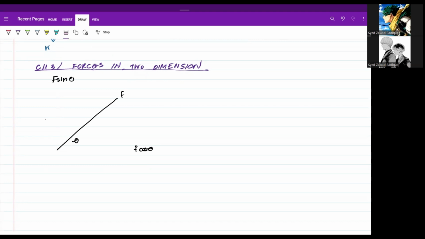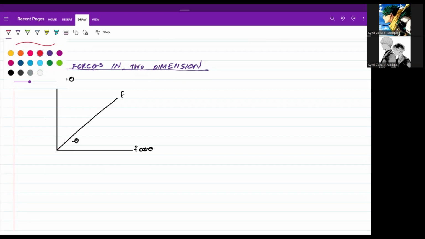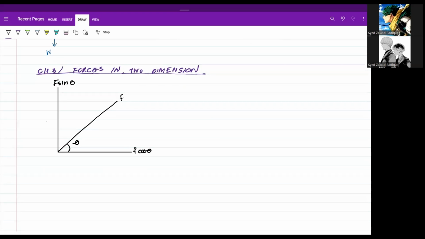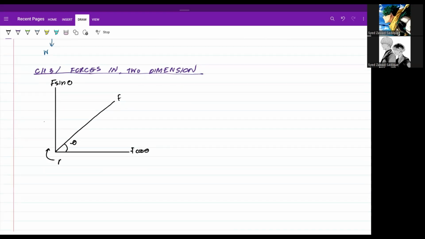But yeah, this is theta. Now, this would be resolving forces in two dimensions.